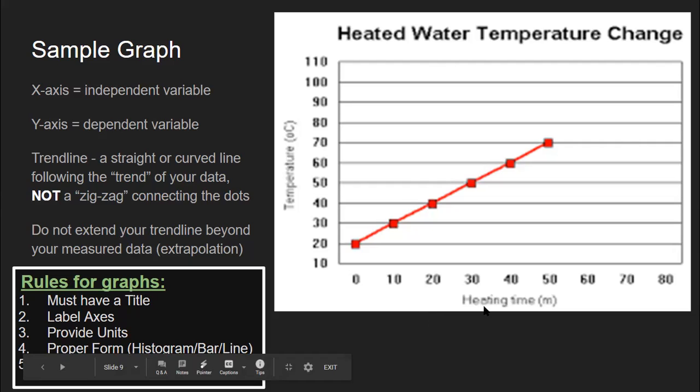But interpolation would be something like saying, well, I didn't collect data at 25 minutes, but I have a pretty good guess that when my object was being heated for 25 minutes, it was about 45 degrees Celsius, because my line goes through that point.